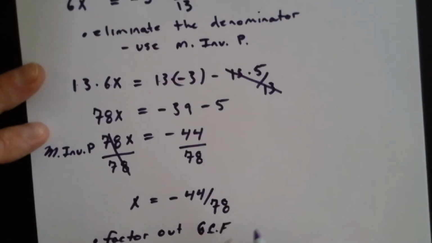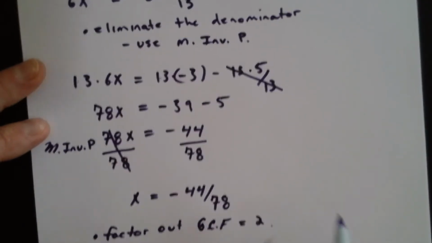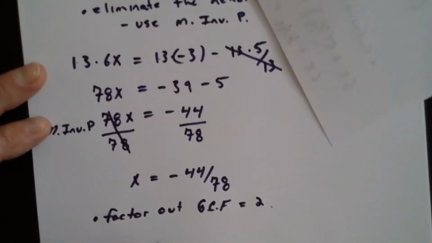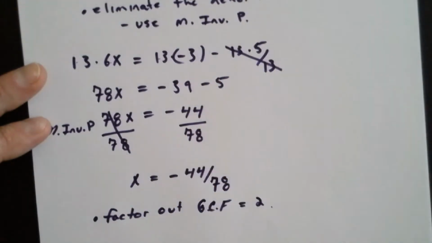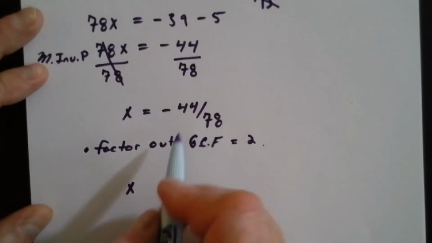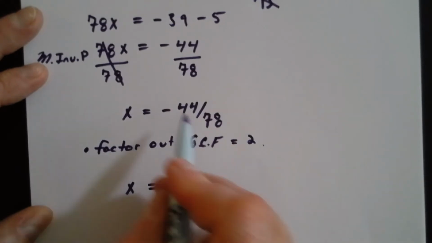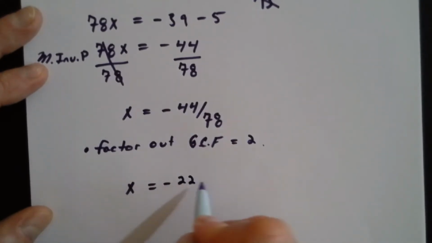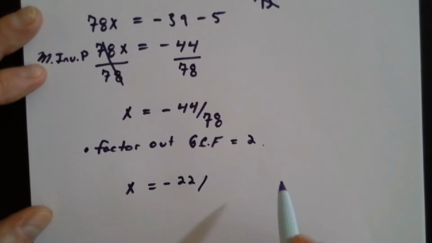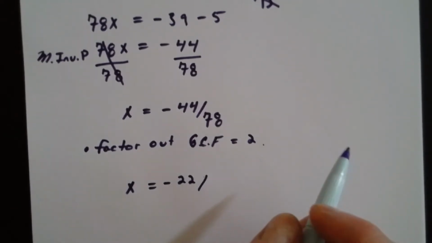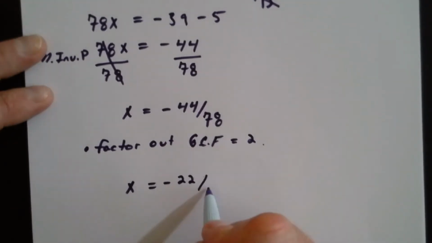So we're going to factor out the GCF equal to 2, and we're left with x is equal to negative 22 over 39.